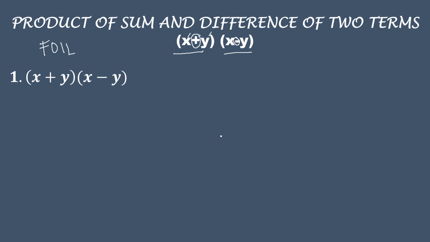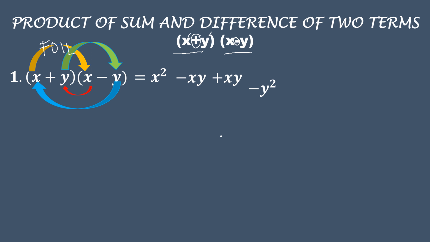So using the FOIL, first by first, of course, we have the product of x squared. O refers to the outer terms. So the x and the y are the two outer terms, and it will give us negative xy. The two inner terms, the x and y, give us positive xy. And the two last terms, the y and the negative y, will give us negative y squared.